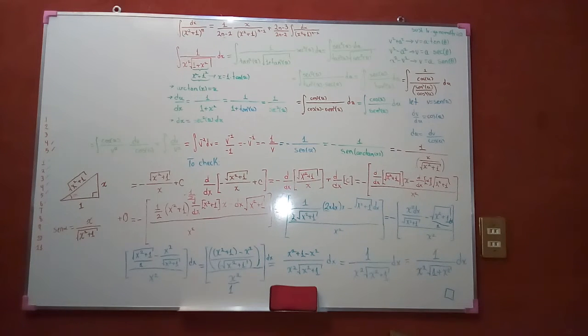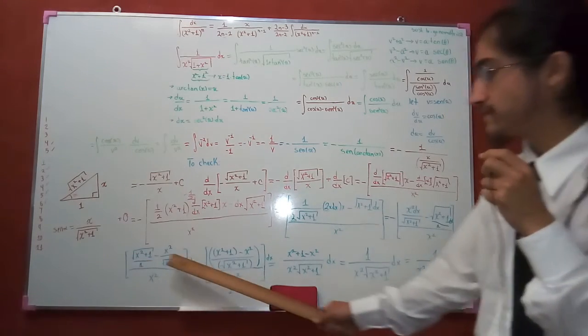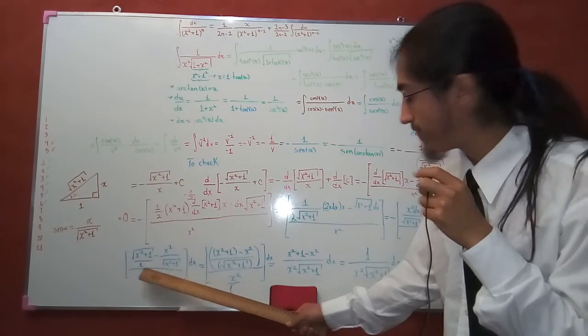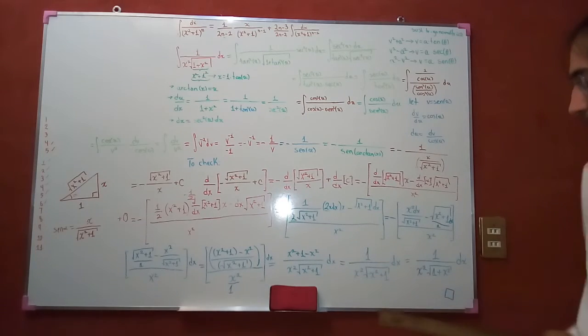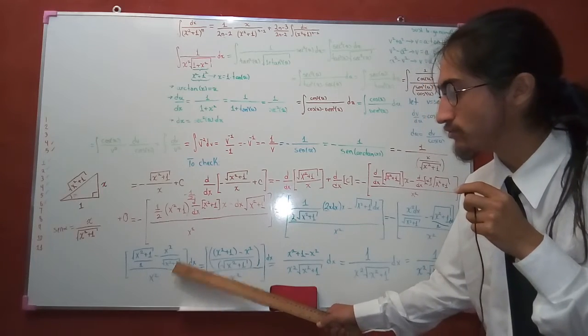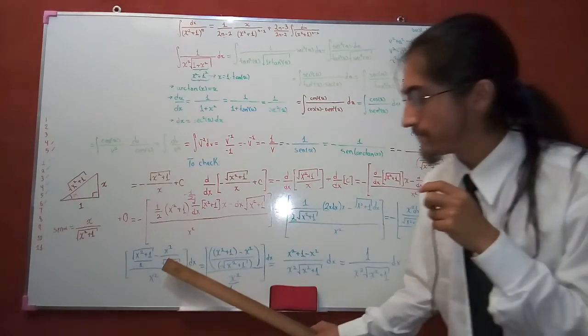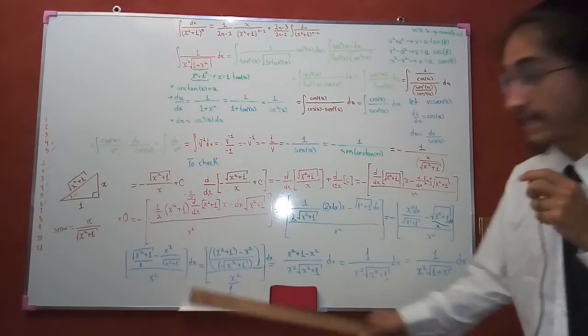So negative multiplying this numerator is equal to, open parentheses, the square root of x squared plus 1 divided by 1 minus x squared divided by the square root of x squared plus 1, and this polynomial divided by x squared, closed parentheses, dx.